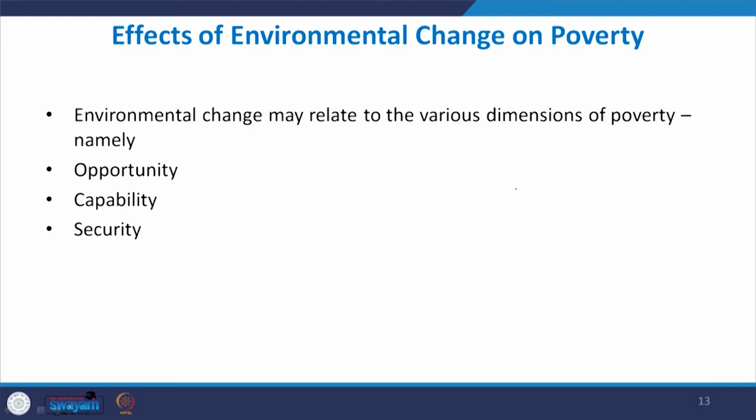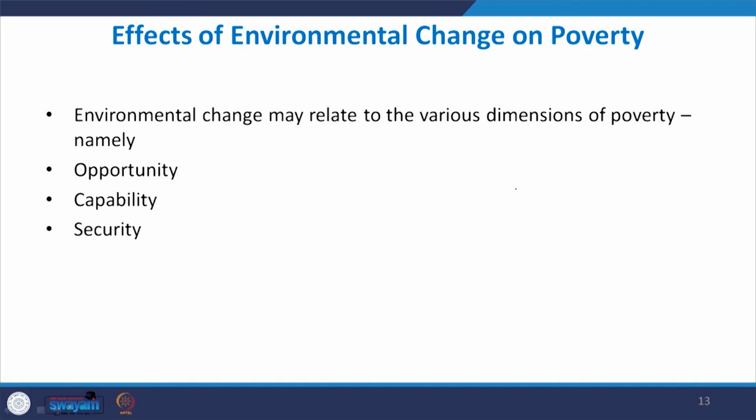And here in relation to environmental change, we have three key dimensions of poverty. One is opportunity, second is capability, and third is security.